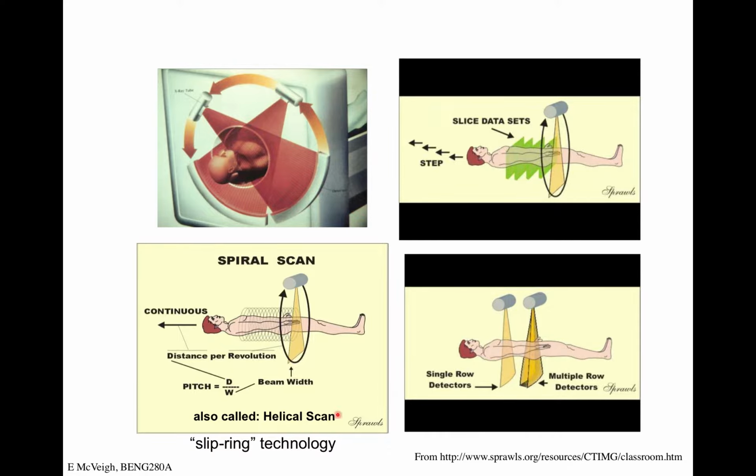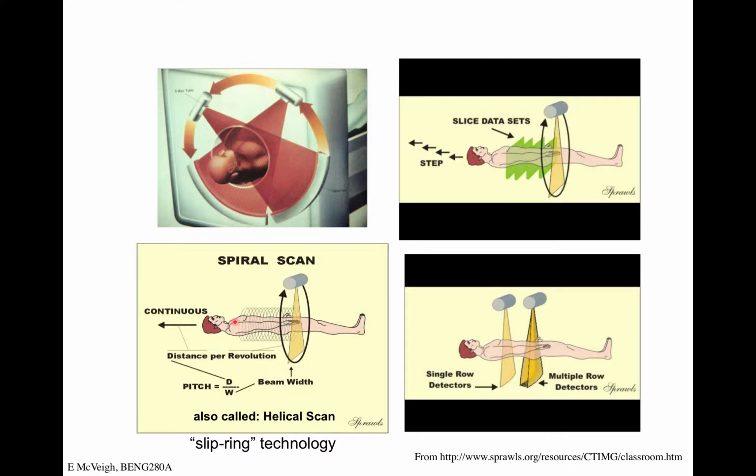Another common way of acquiring data over a larger volume in the Z direction, or superior to inferior, is called spiral or helical scan. The reason it's called helical scan is you continuously rotate the source and the detector while continuously moving the patient, and therefore, if you look at the source, you get a helix through the patient, right, as to where that source has painted.